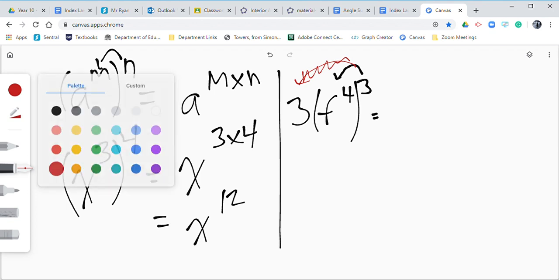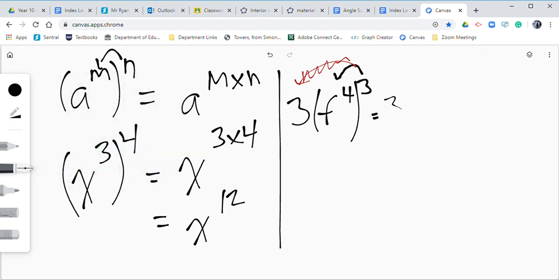It only applies to what's inside the brackets. So I just rewrite my bracket, and then after I write my bracket, I would do f to the power of 4 times 3, and then I can expand that. What's 4 times 3? It's f to the power of 12.